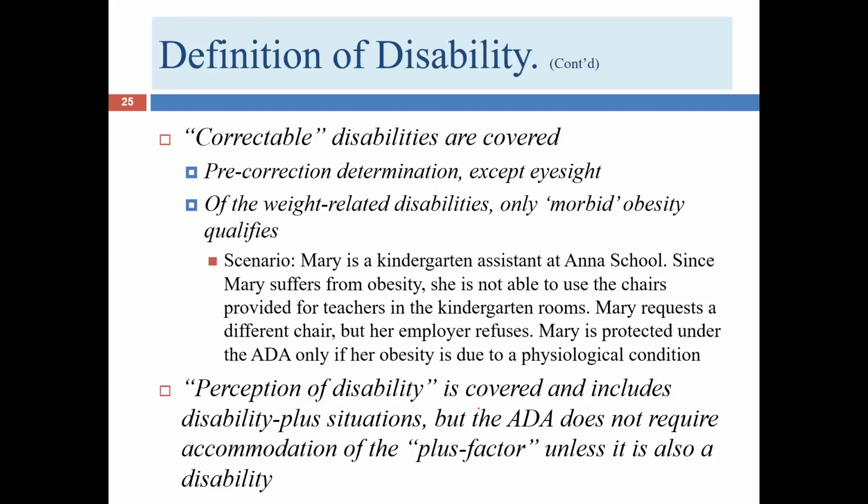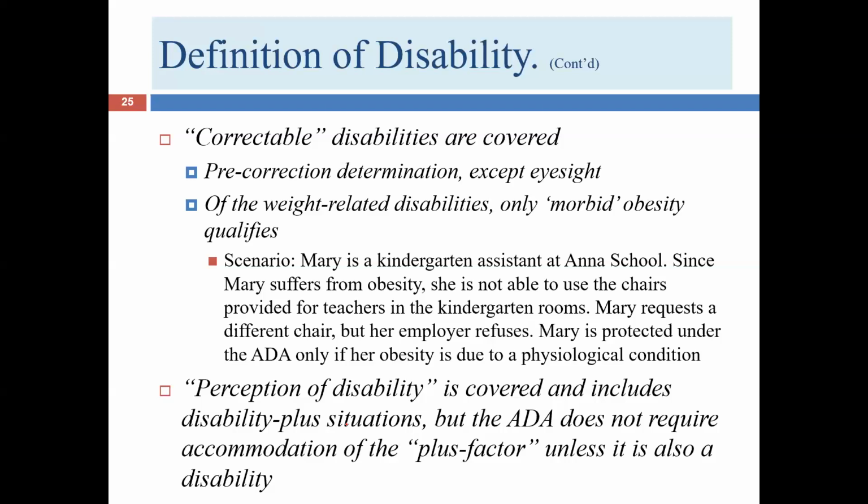Perceived disability is also covered, and this includes disability plus situations. Sometimes a person might have more than one condition. Again, we use the example of Bob, who has some intellectual limitations and ADHD, and both of those separately wouldn't qualify, but together they can. You might have a situation where Bob is an insulin-dependent diabetic, and he also has a mildly elevated blood pressure reading.